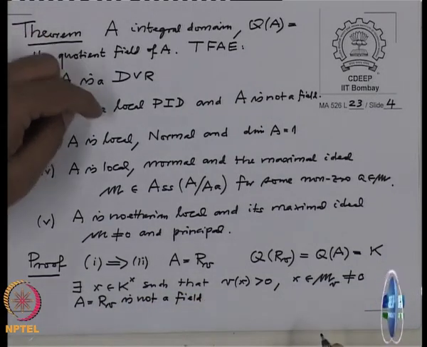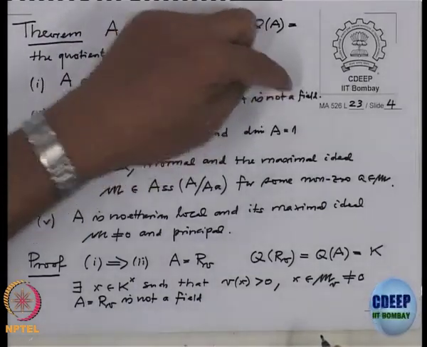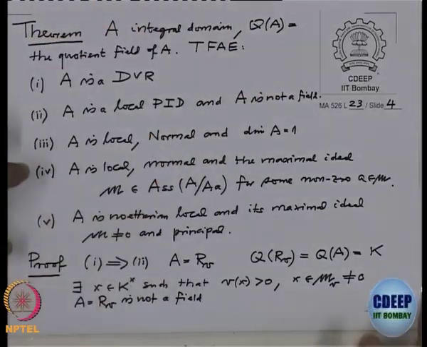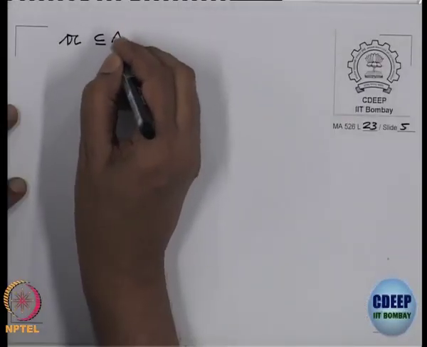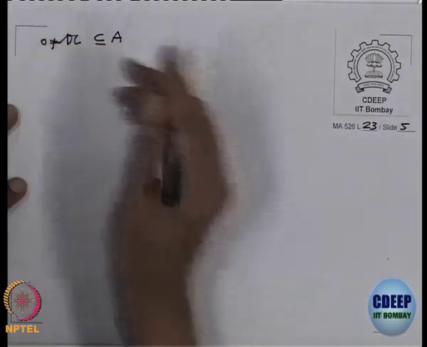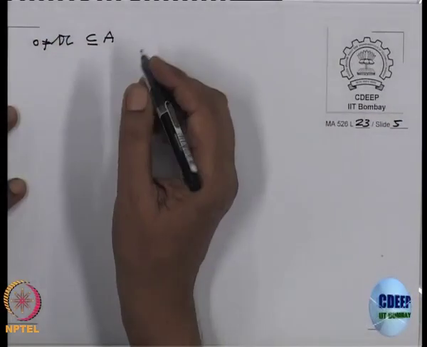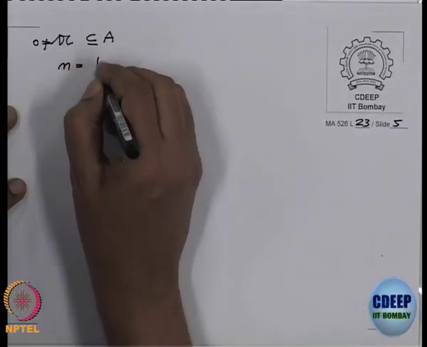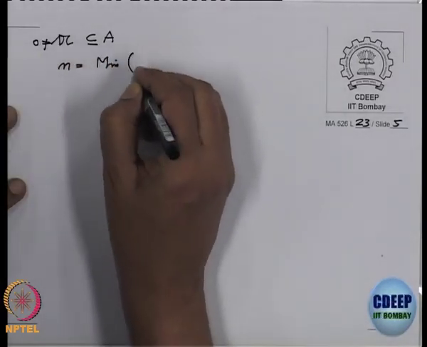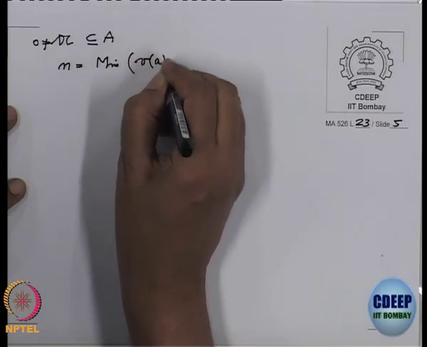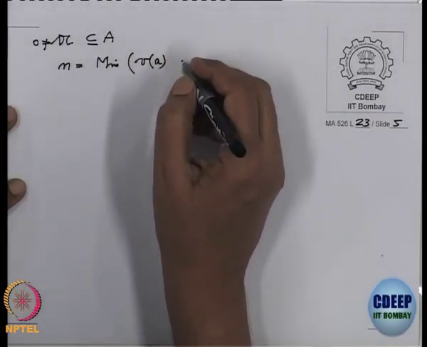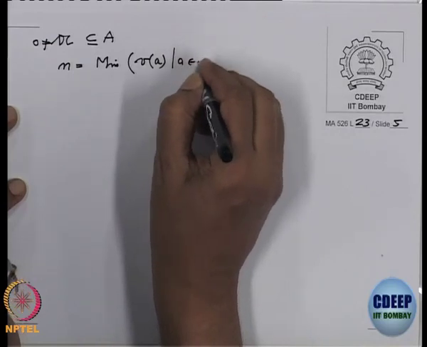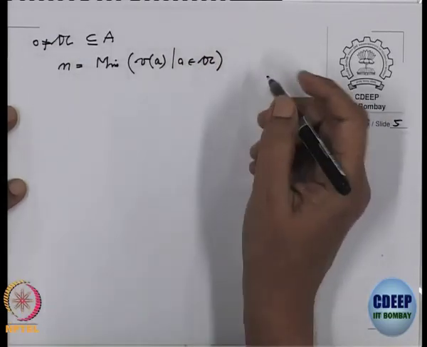So, what did we say? It is local, not a field. Now, I want to show it is a PID. Okay. So, take any non-zero ideal 𝔞 in A. I want to show it is principal. Now, let us take n equal to the minimum of all the values V(a), where a varies in 𝔞.